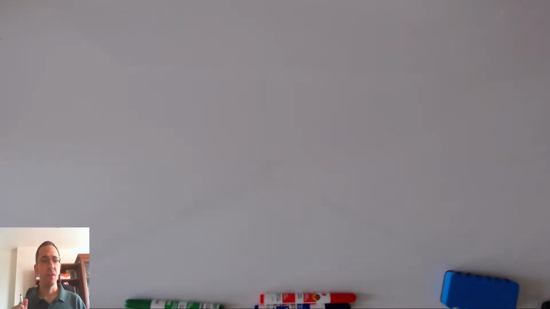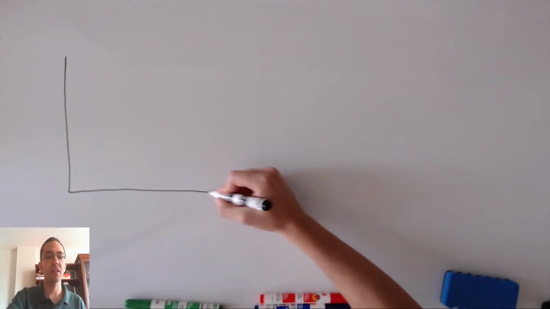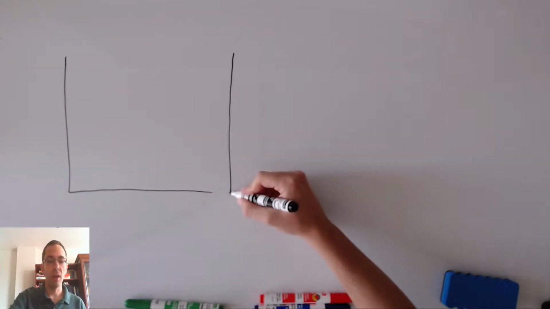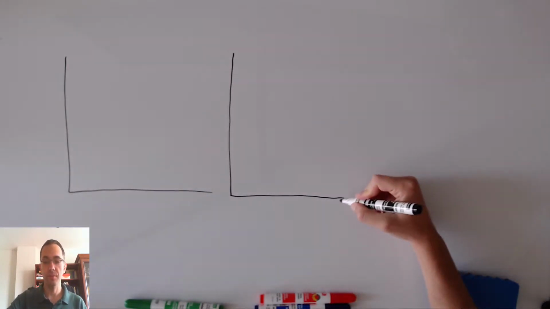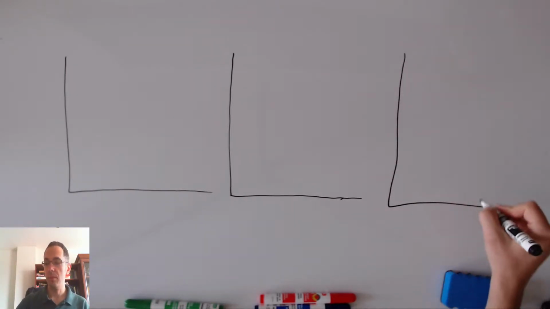But to do that, we'll look at first three examples. Well, it's one example using three diagrams and three different demand curves. So let's say we have three different markets.